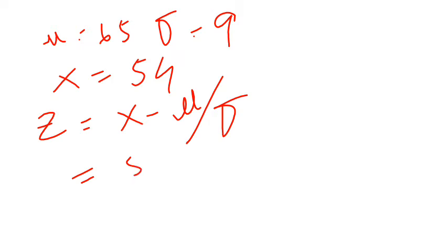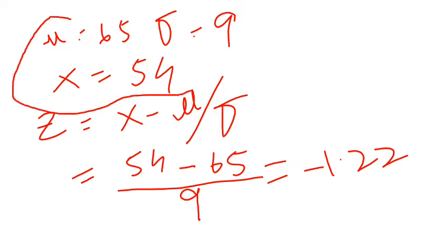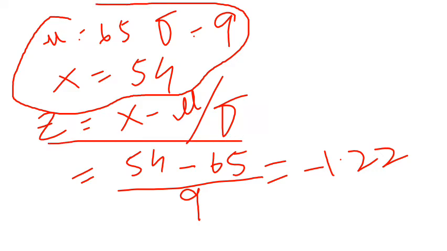Here we substitute 54 minus mu 65 divided by sigma 9, so it would be minus 1.22. Through this information, by using this formula, we can transform x units into z units.